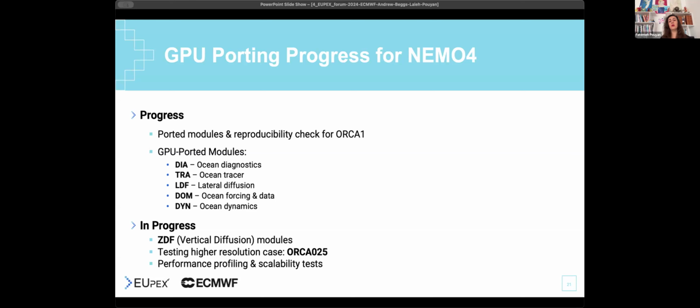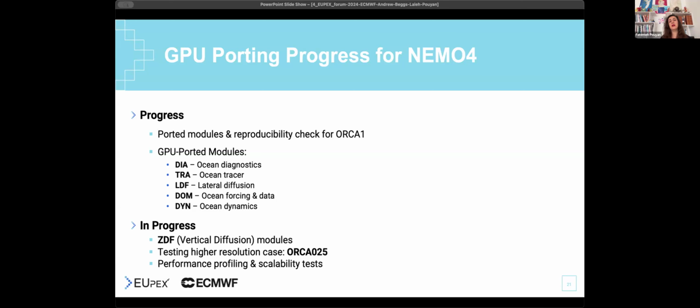We use the ORCA-1 test case, the lower resolution test case, because currently we are in the porting stage, but porting modules belonging to vertical diffusion and testing for higher resolution like ORCA 25, and tests for scalability and finding the performance bottleneck by profiling is also in progress.